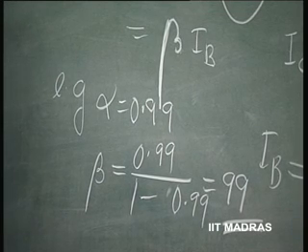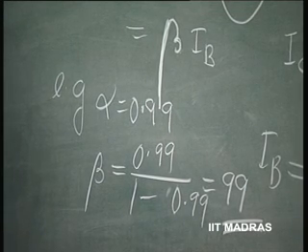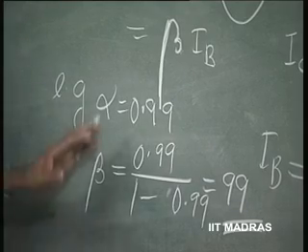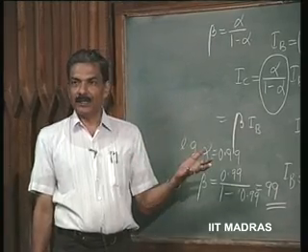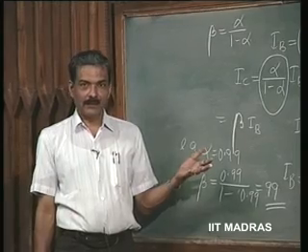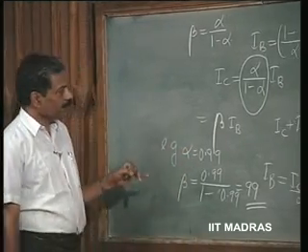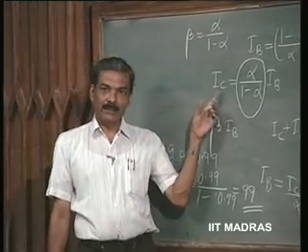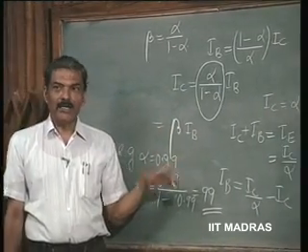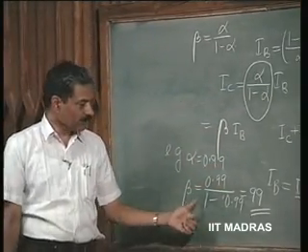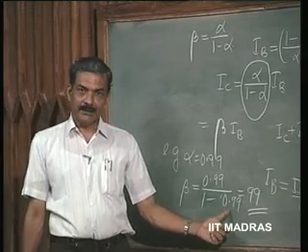Right. Is it clear? So, please remember, if alpha is very close to 1, beta is going to be very high. Right. So, beta is the relationship between IC and IB, and if alpha is equal to 1, beta is going to be equal to infinity.